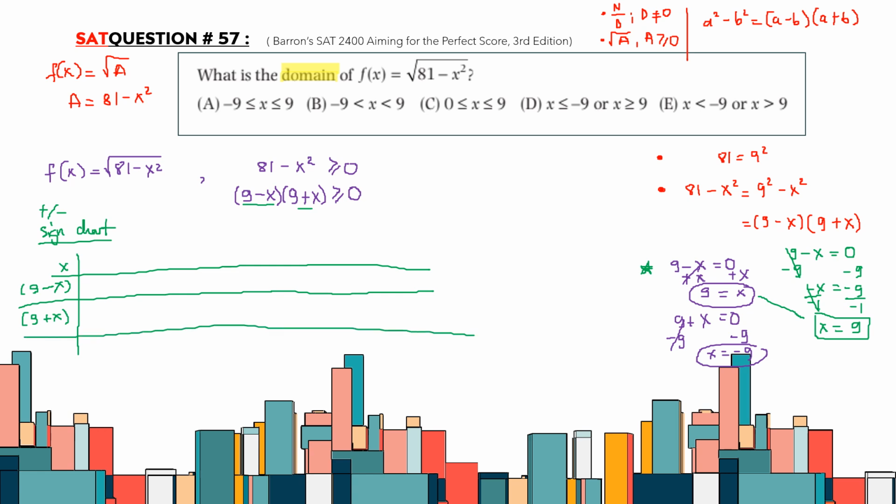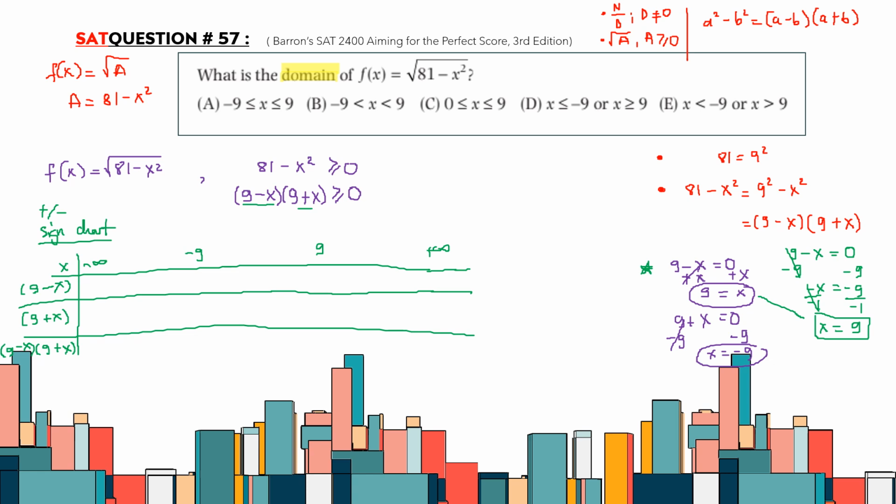And then we have the product between those, 9 minus x times 9 plus x. On the left side is negative infinity, on the right side is positive infinity. And we have two critical values: one is negative 9, another one is 9.